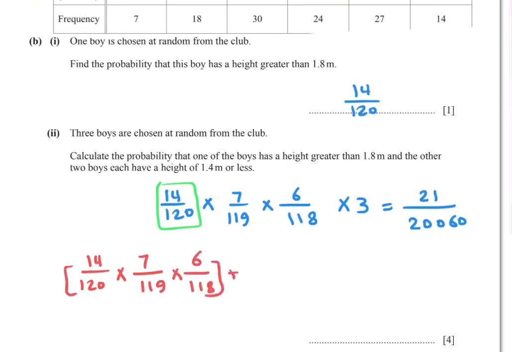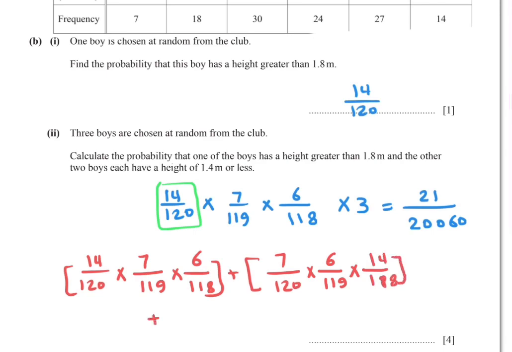The second case, we can start with one boy with height 1.4 or less, so 7 over 120. And then one more boy from those with height 1.4 or less, so 6 over 119. And the last boy with height greater than 1.8, so 14 over 118.